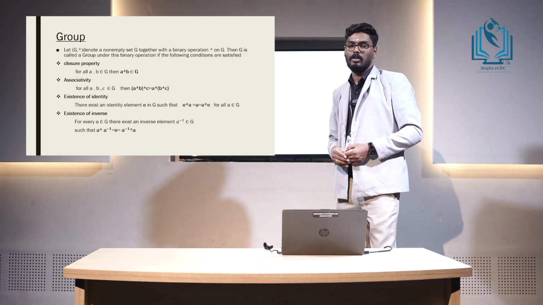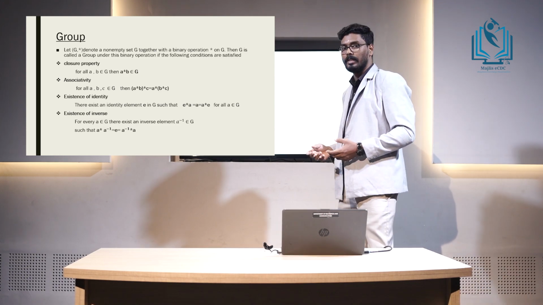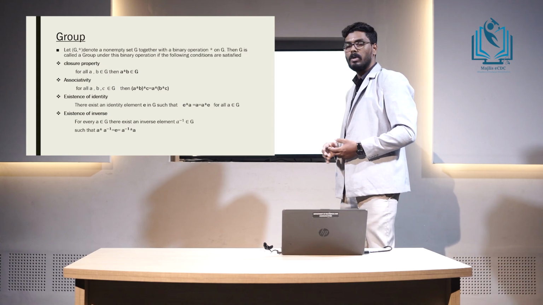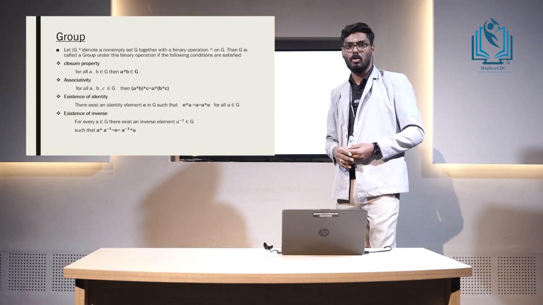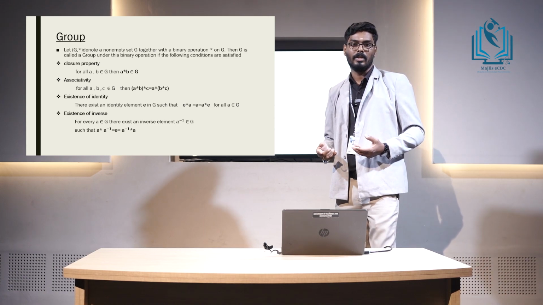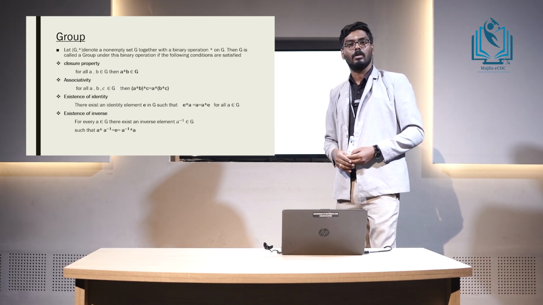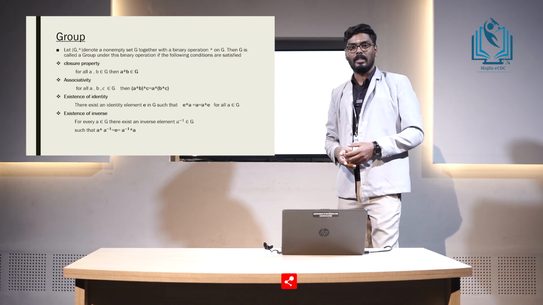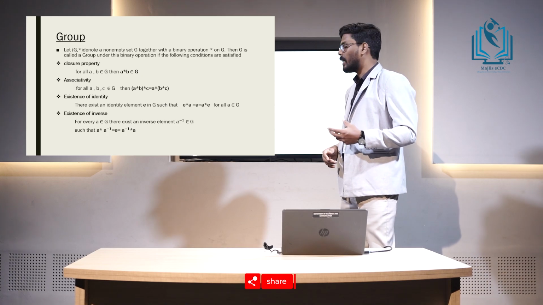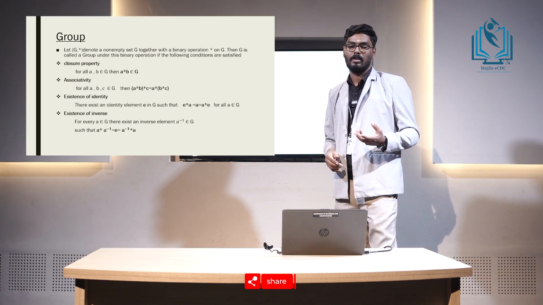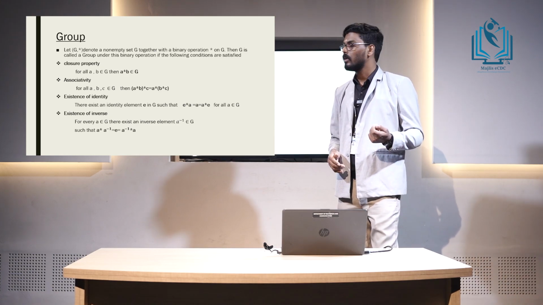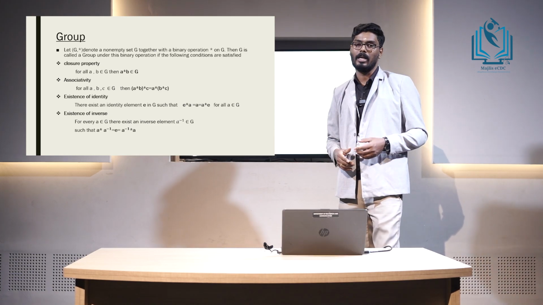Next one is associativity. For associativity, we need three elements A, B and C. If (A star B) star C equals A star (B star C), then G satisfies the associative property. The third one is existence of identity element. There exists an identity element E in G. That is, E star A will be A itself, the same as for A star E as well.